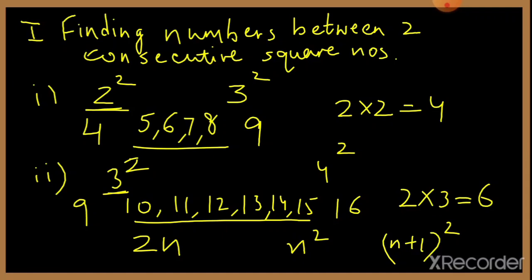If we take one number as n, the next consecutive number will be n plus 1. So for any two consecutive numbers n and n plus 1, if we have to find how many natural numbers lie between n square and n plus 1 square, we will use this method, 2 multiplied by the first number, that is n.